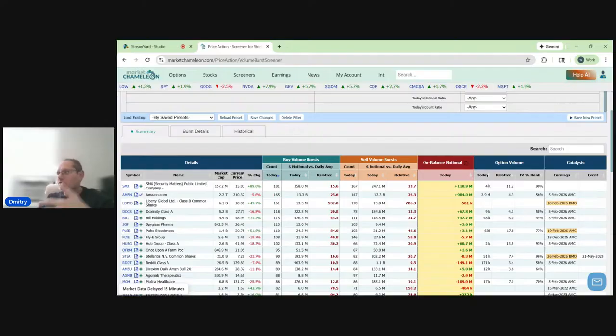So the displayed liquidity could be something like, let's say it's a hedge fund or a large institution, and they're trying to build a position or accumulate stock.